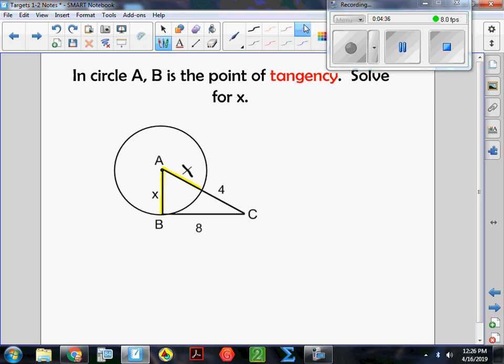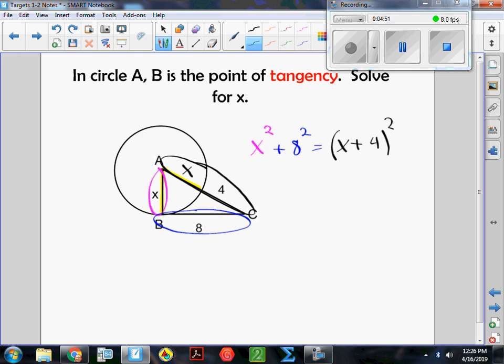Now using the Pythagorean theorem, I have one leg squared, x squared, plus another leg squared, 8 squared, is equal to a hypotenuse squared, which is x plus 4 squared. So on the left-hand side, I have x squared plus 64. And on the right-hand side, I have x plus 4 times x plus 4. You need to be really careful how you work out that quantity squared.